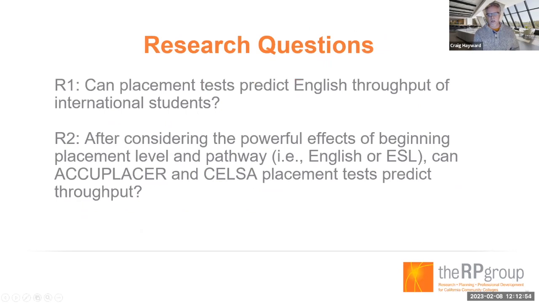Okay, so these are the 2 main research questions. Can we use these placement tests to predict English throughput, particularly with this sample, this population of international students that we're focused on?